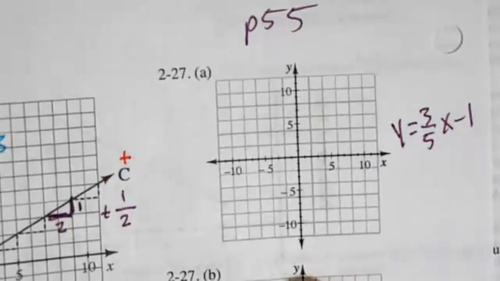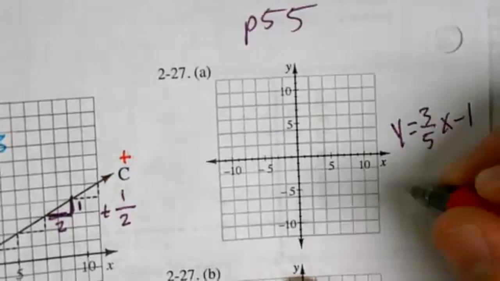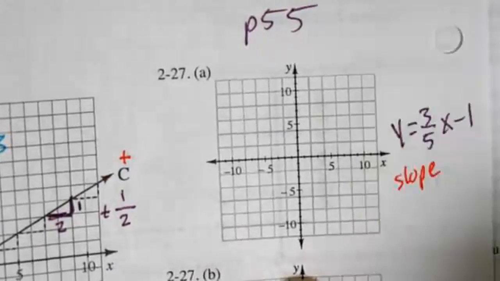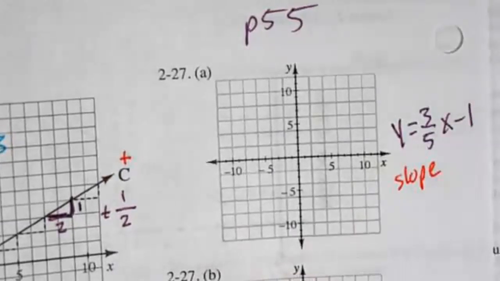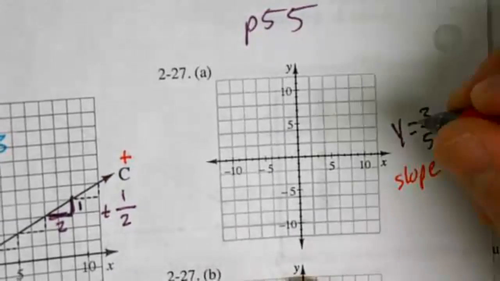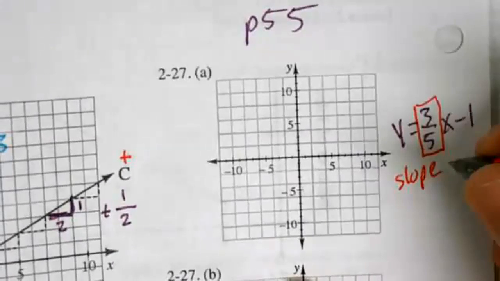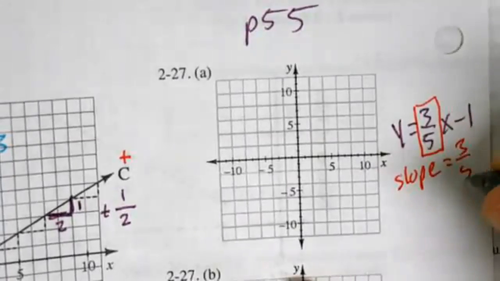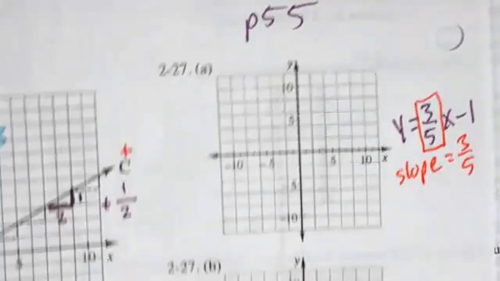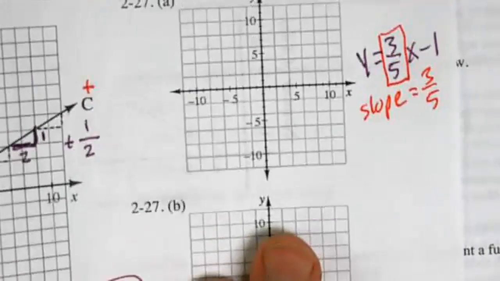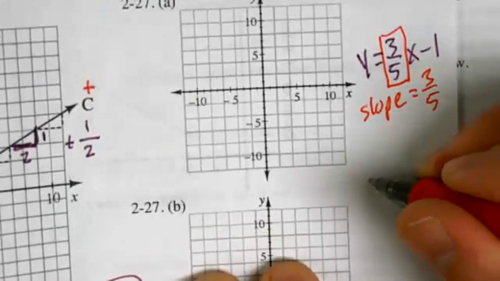What is the slope of this line going to be? 3 over 5. That's the slope. That number in front of the x is the slope. So the slope is 3 over 5. Is that a positive slope or a negative slope? Positive slope. So we should be marching uphill.